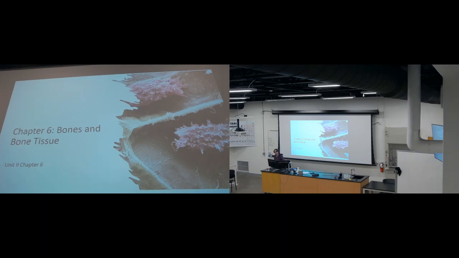Okay, so you already saw part of this tissue in the histology chapter, but we're going to look a little bit deeper into the structure of bones and bone tissue.